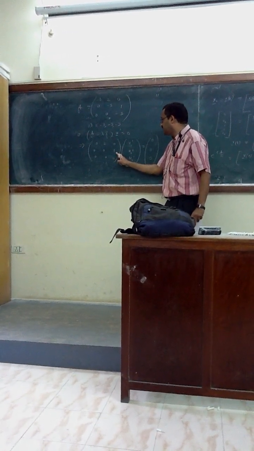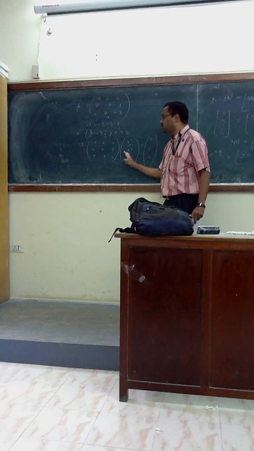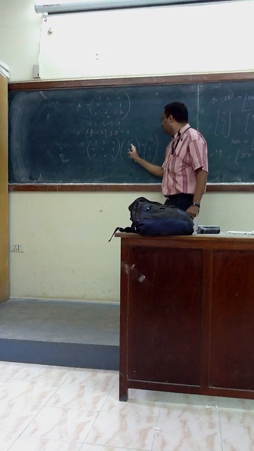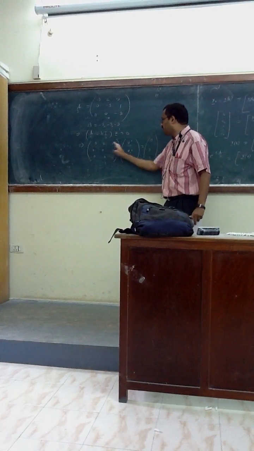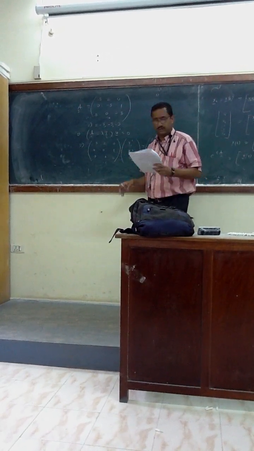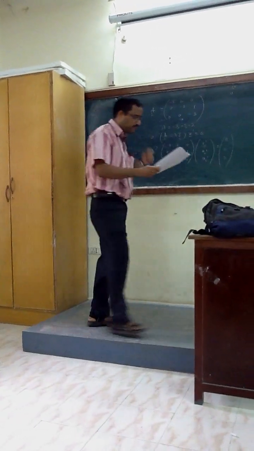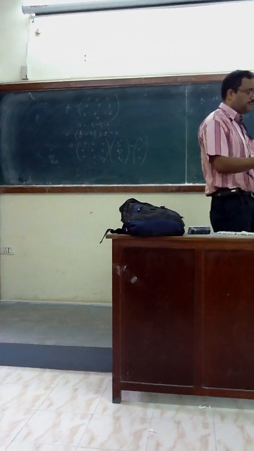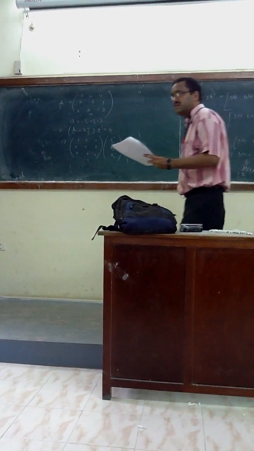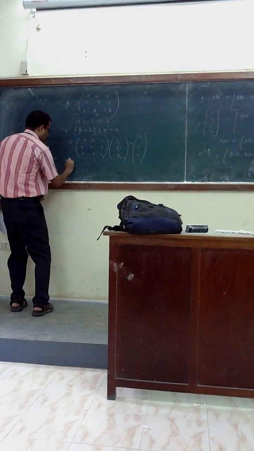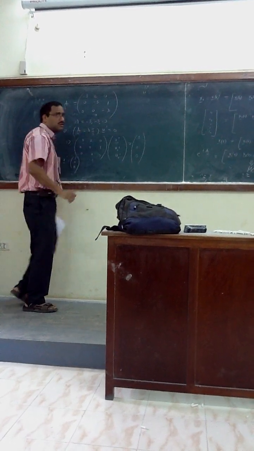From the second equation, u31 equals 0. Then 2 u21 equals 0, so u21 equals 0. That means u21 is confirmed. What's your final answer? 1, 0, 0 is the right answer.